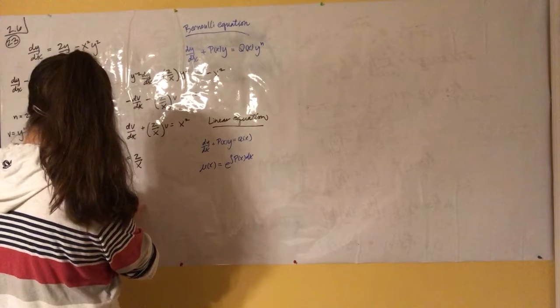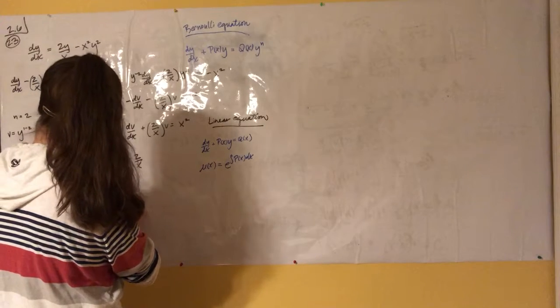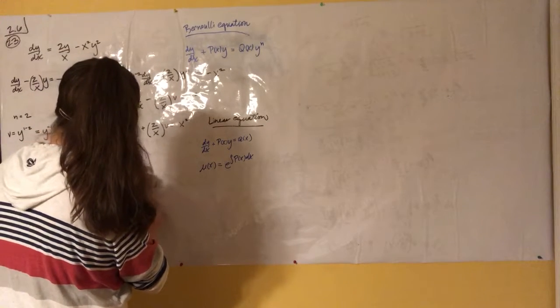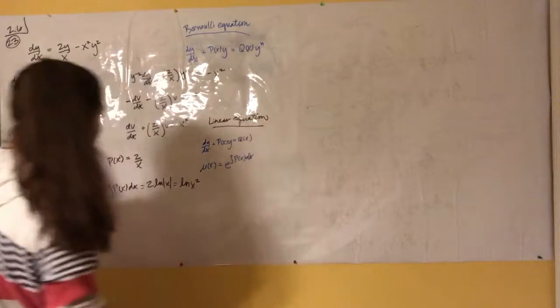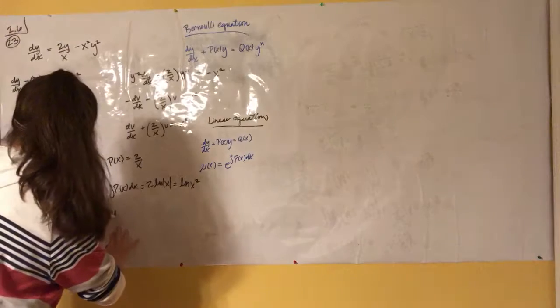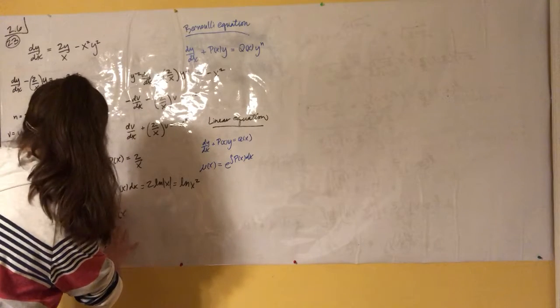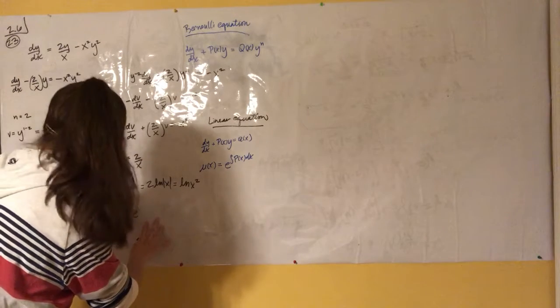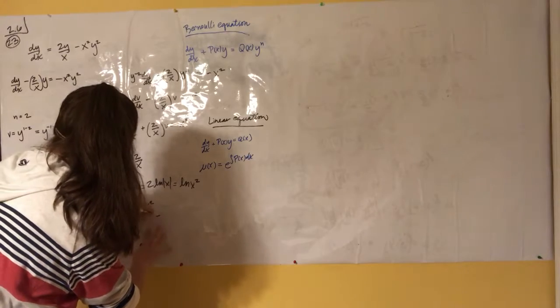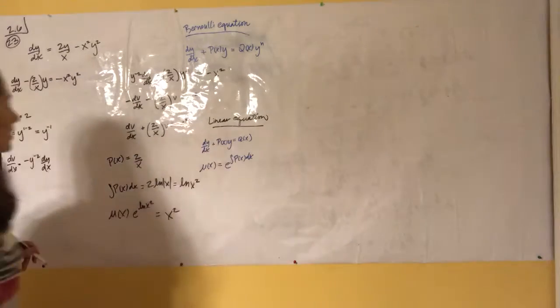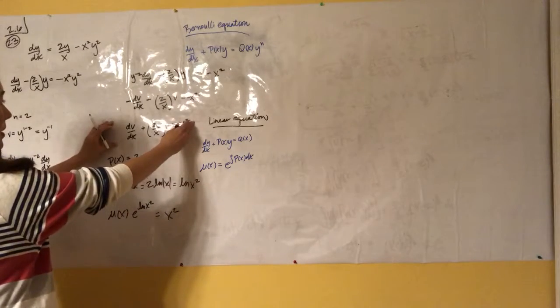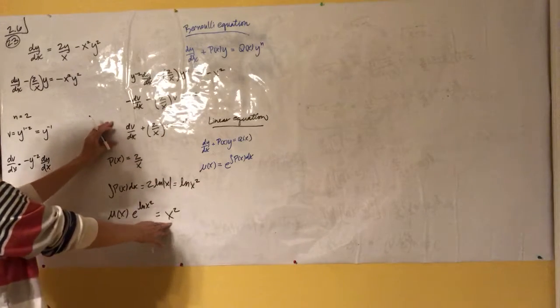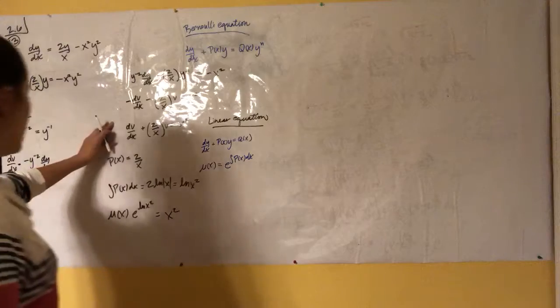And then the integral of p(x) dx is going to be 2 ln x, or ln x squared, right? And then our integrating factor mu of x is going to be e to the power of ln x squared, and that comes out to x squared, right? So you take that x squared and you multiply this linear equation, everything by x squared, right?